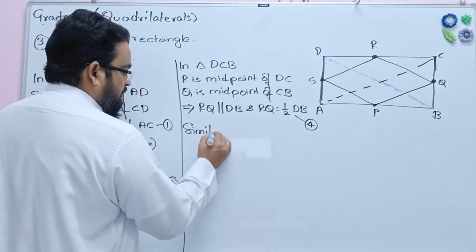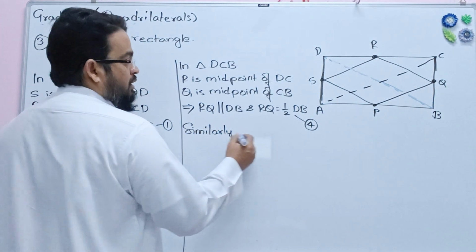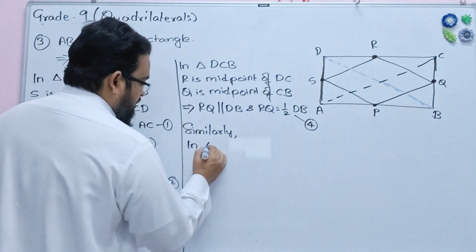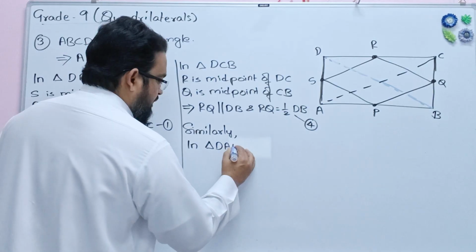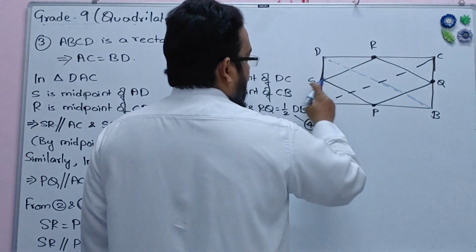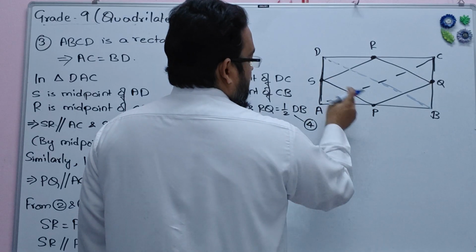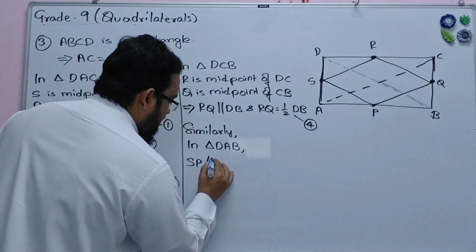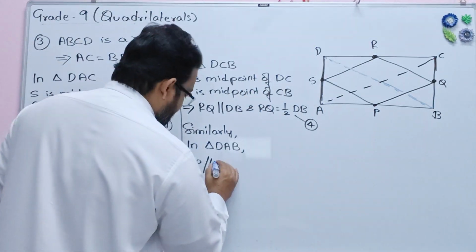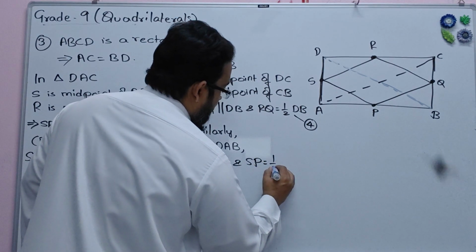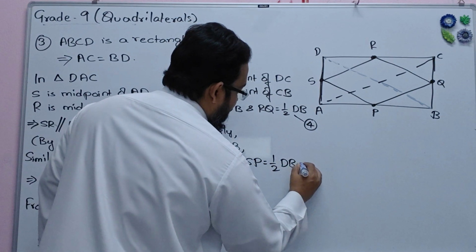Similarly, in triangle DAB, P is the midpoint of AB, S is the midpoint of DA. So therefore SP is parallel to DB and SP is equal to half of DB.